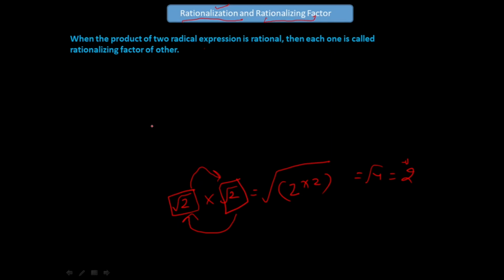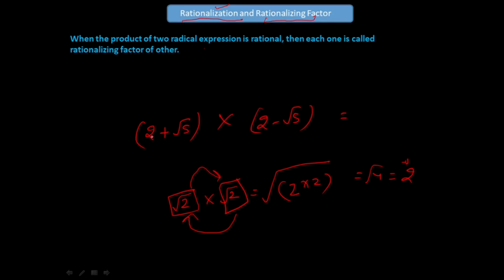It will be a little more clear for you. If I take 2 plus root 5, and if I take one more value, 2 minus root 5, first tell me, my dear, is it a rational number? No, it is an irrational number. This is also an irrational number. If I multiply them, let's see what will happen.